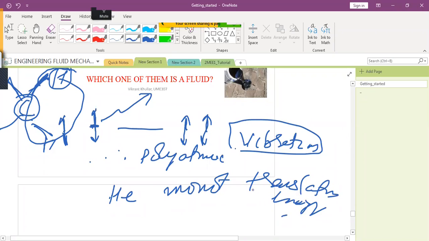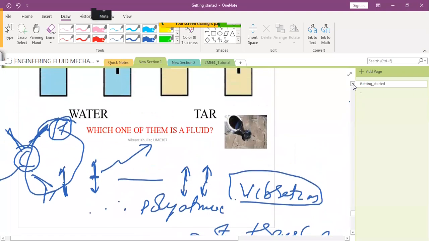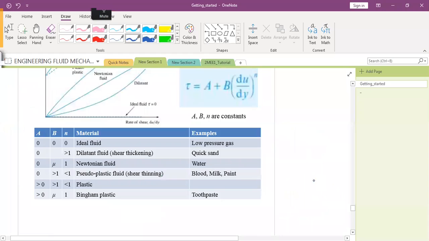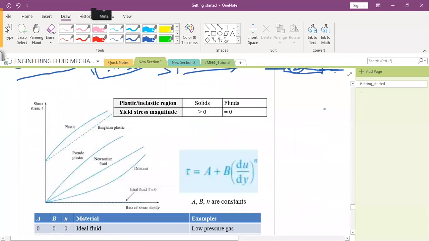Sir, I have a question. Yes, please ask. Sir, in solids, the particles can rotate on their own axis.